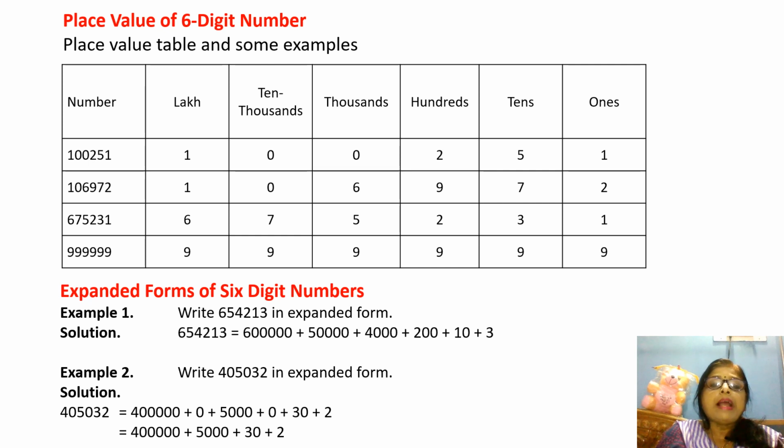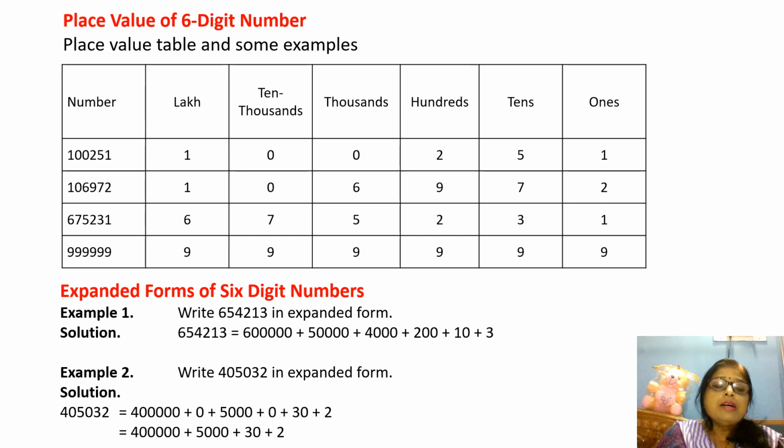Now, place value of a 6-digit number. My dear students, please recall what I had explained about the place value. This is the place value of a 6-digit number. Place value is of each digit: ones, tens, hundreds, thousands, 10,000, lakh.